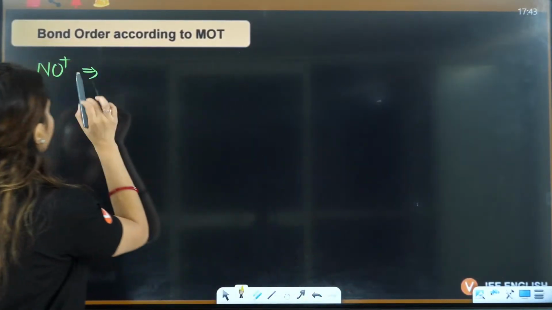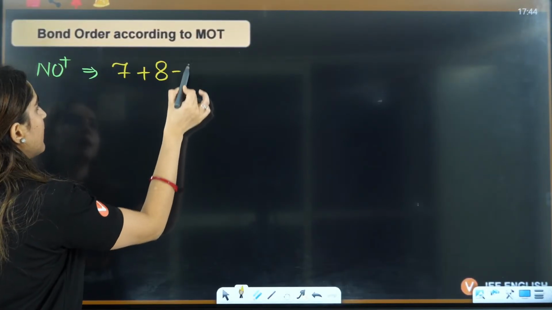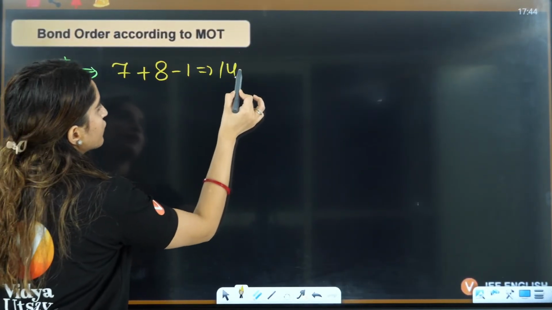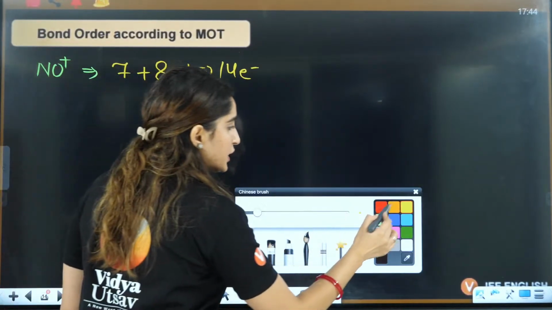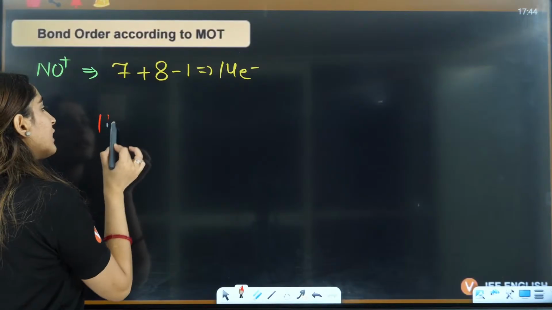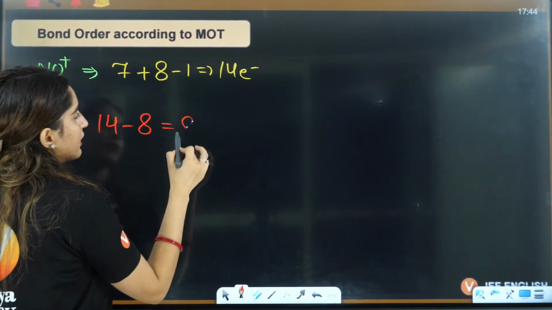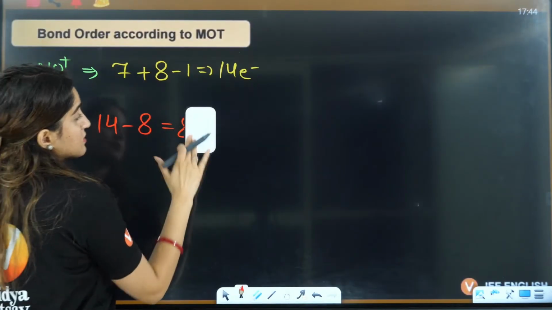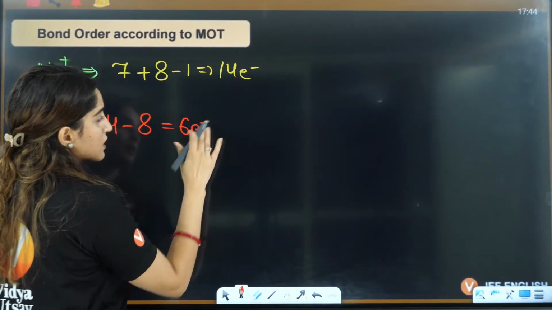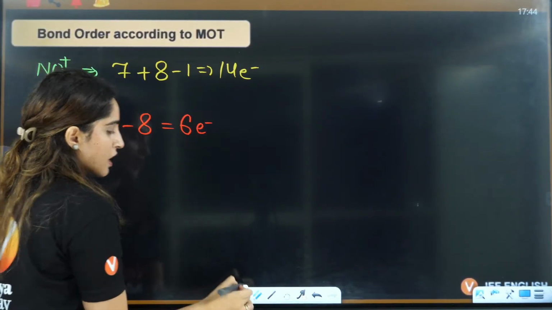It should have 7 plus 8 minus 1, that is 14 electrons. Here you can easily make a mistake. 14 minus 8 electrons is 6 electrons.